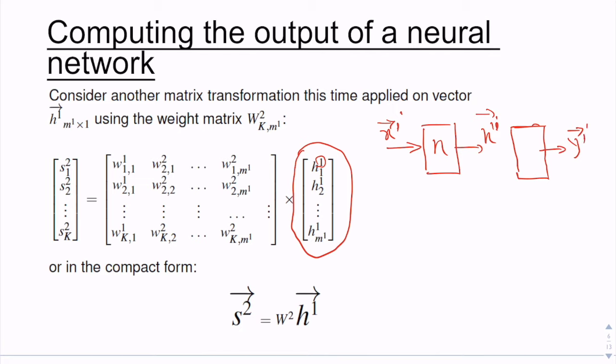Here I use the superscript W2 to show that this is another matrix transformation, in order to distinguish it from the first step. The first step is to use a linear matrix transformation to transform the output of the last hidden unit to what I call here the S vector.